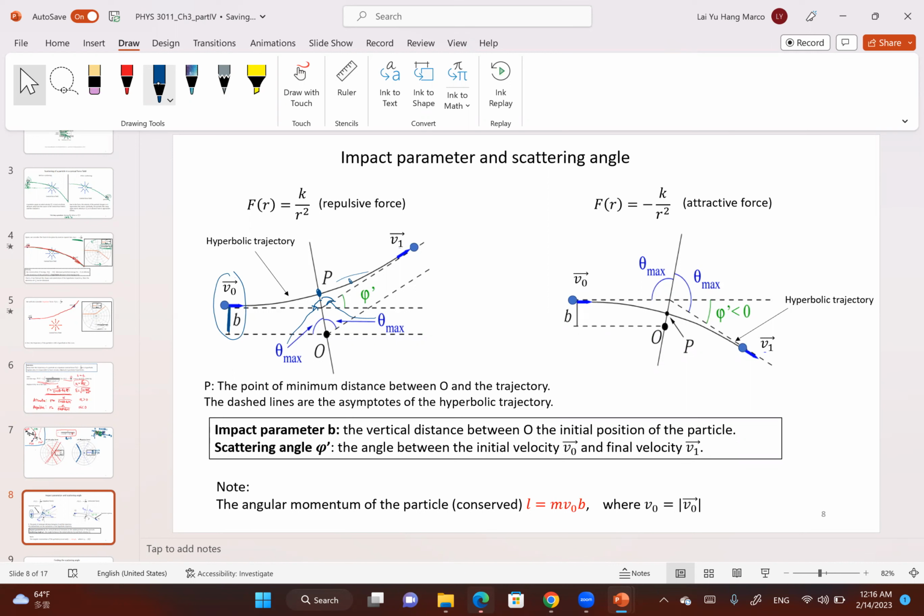So the initial angular momentum of the particle can be calculated using this formula. The angular momentum about our point O is m v naught times this lateral distance d. And this is a conserved quantity because we have a central force.